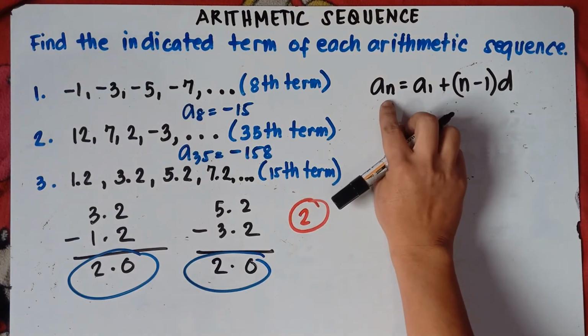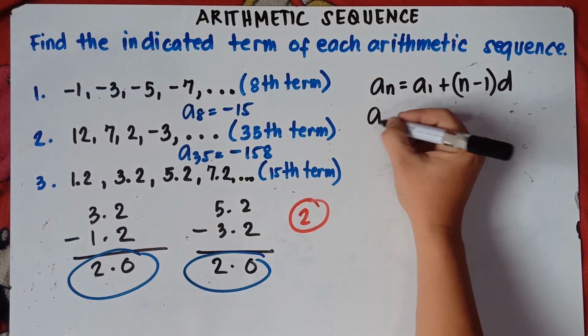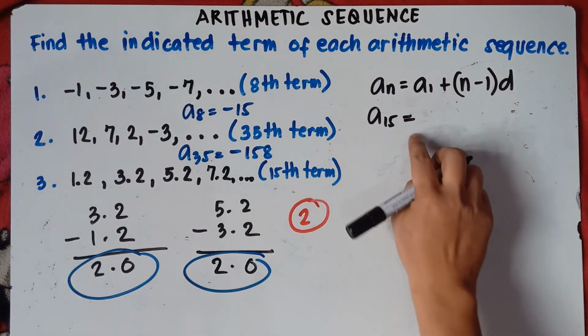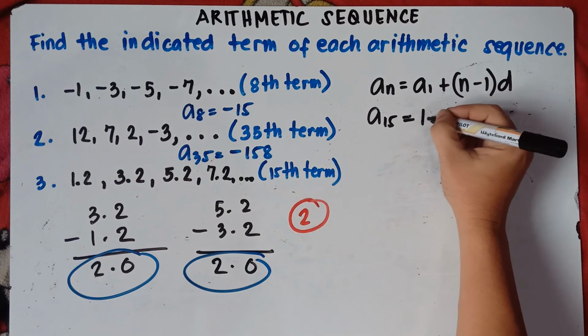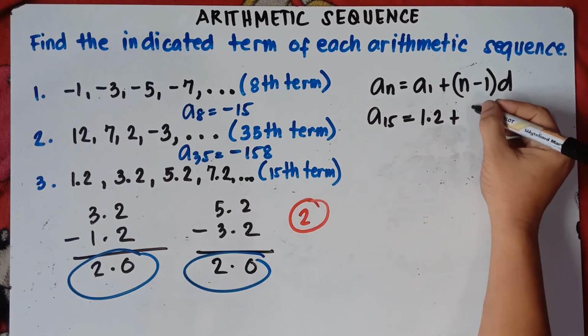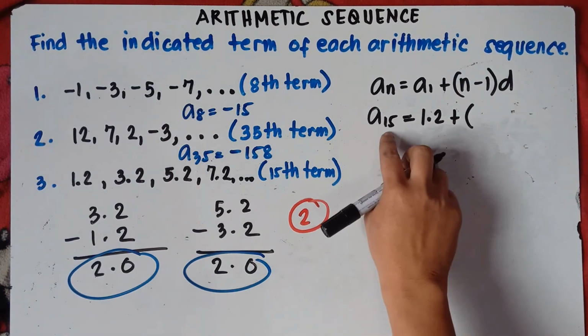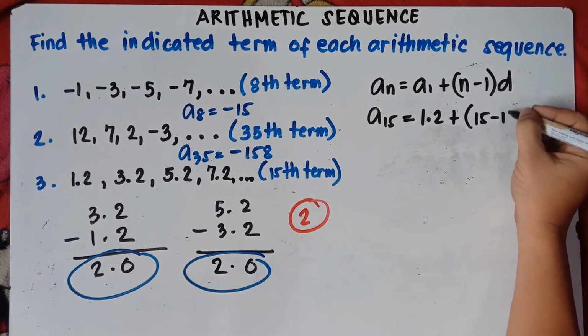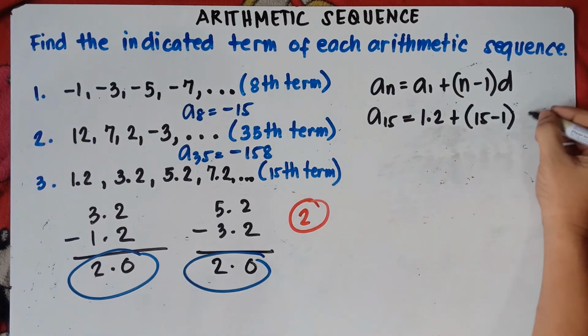Alright, so A sub n, that would be A sub 15, since you're looking for the 15th term. So A sub 15 equals the first term, 1.2, plus n minus 1, where n is the number of terms. You're looking for the 15th term. So that would be 15 minus 1, and the common difference is 2.